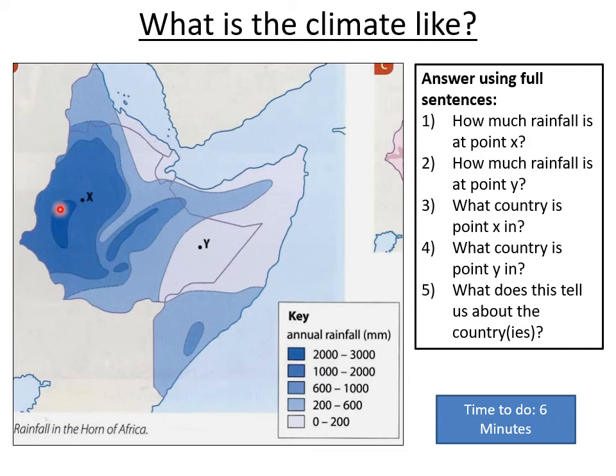And then there's this region here, this small area here, where we have the 2 to 3000 millimeters. So the colors are the first one, the second one, the third one, the fourth, and finally the darkest fifth there. So you can use that to work out what's going on. Answer the questions in full sentences, please. You have 6 minutes. Pause the video now.